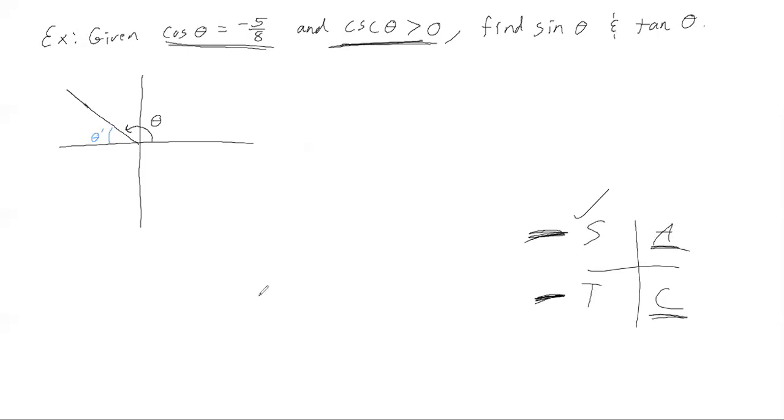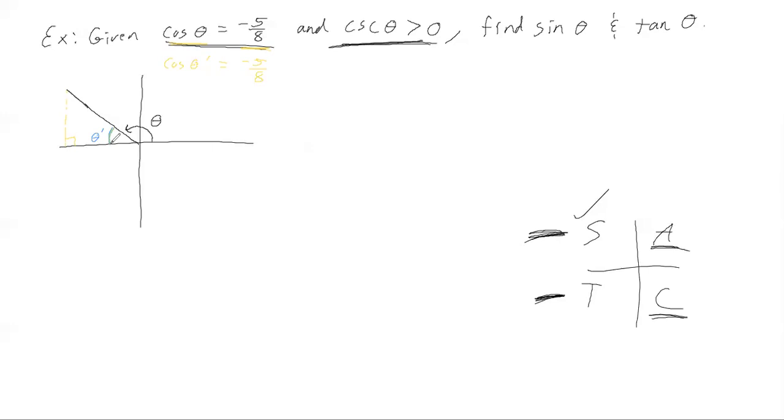And we're going to drop down a perpendicular line and make a 90-degree angle here. And we're going to look at the cosine of theta is -5/8, which should be the same thing as the cosine of theta prime equal to -5/8. So if we look at theta prime right here, the cosine of it is -5/8.